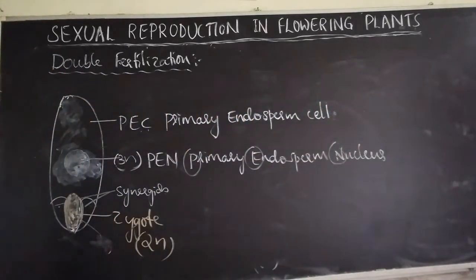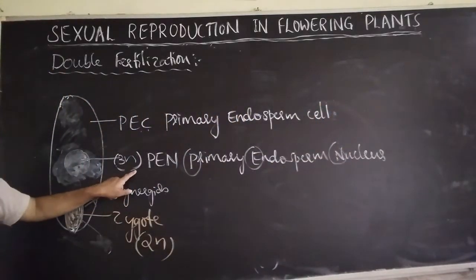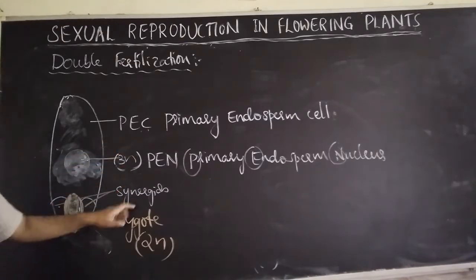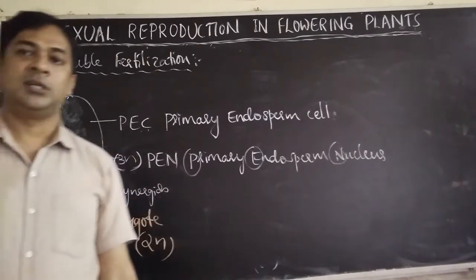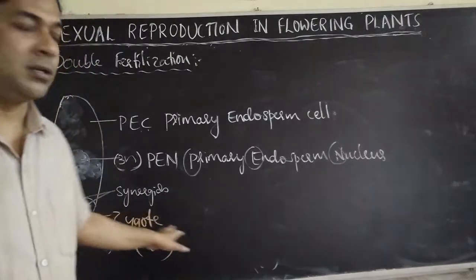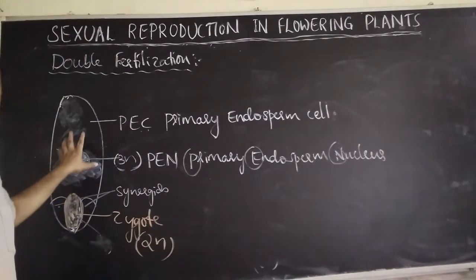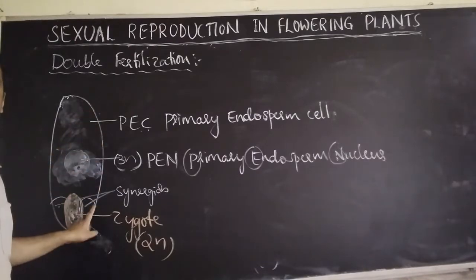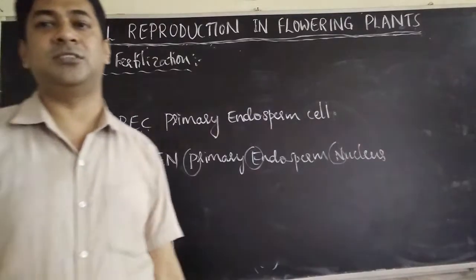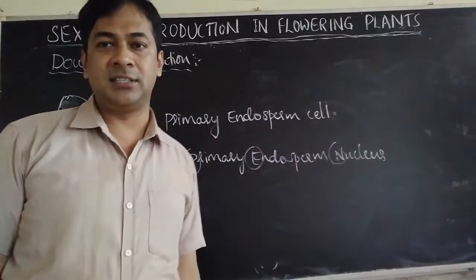So the formation of PEN, PEC and zygote happens after fertilization, so these are post-fertilization stages.